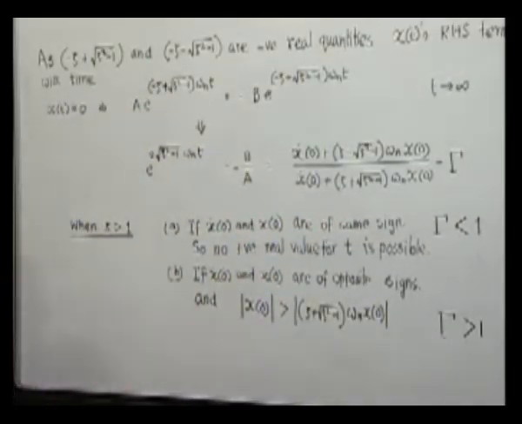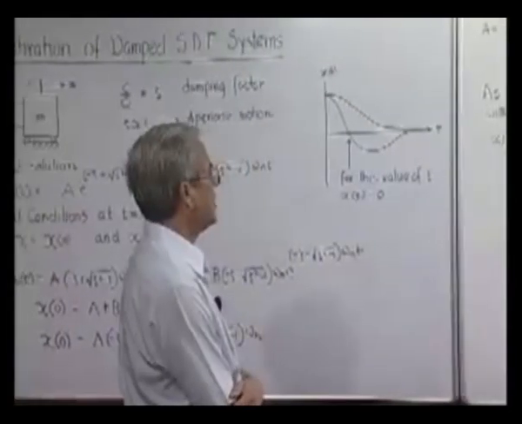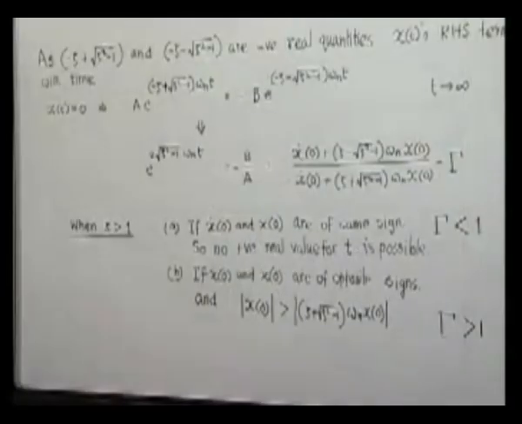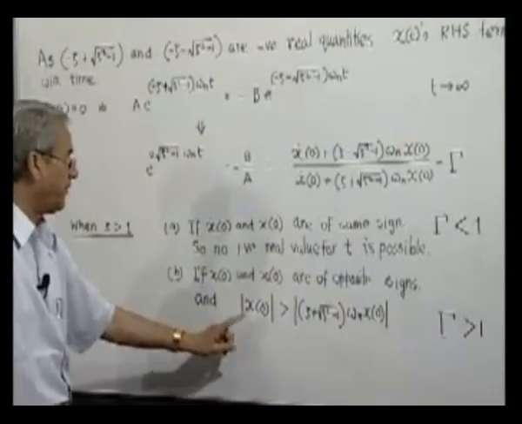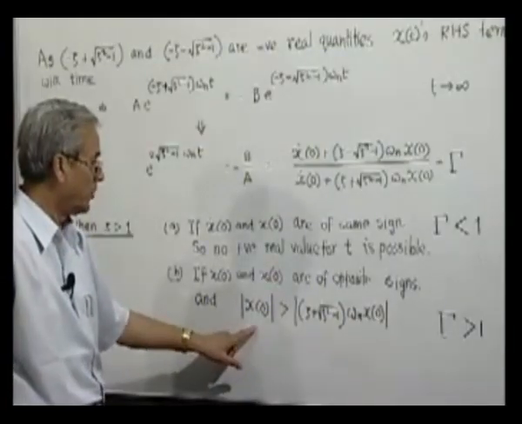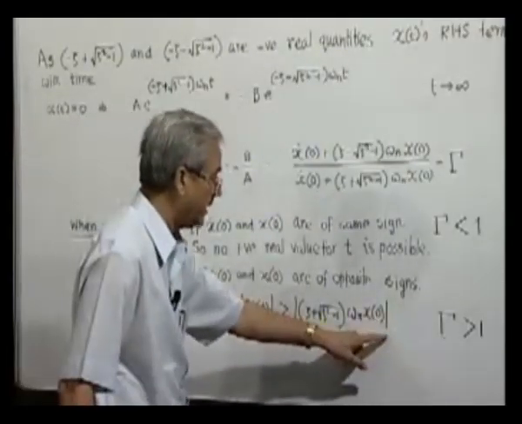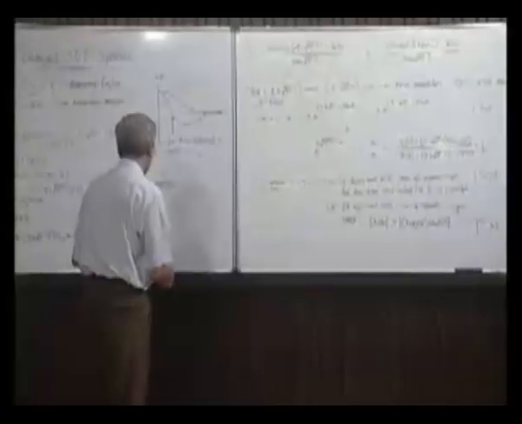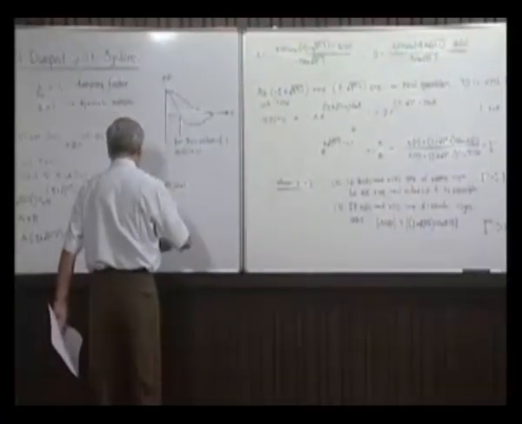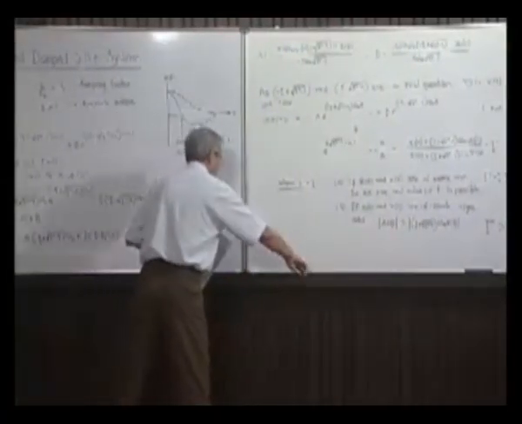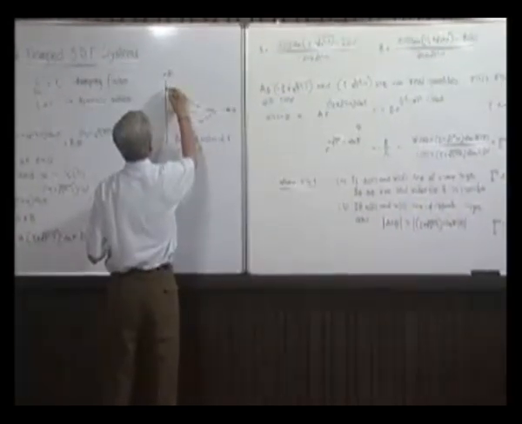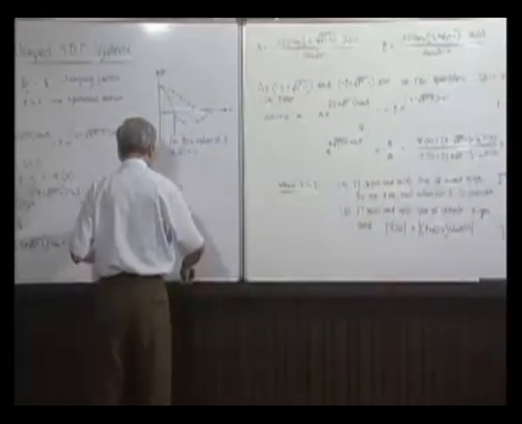So therefore, if x dot 0 and x 0 are of opposite signs and x dot 0 is of sufficient magnitude to be larger than this quantity in magnitude, then only there will be a possibility of crossing like this. So this is for the case when x dot 0 is, that means actually it should have been like this.